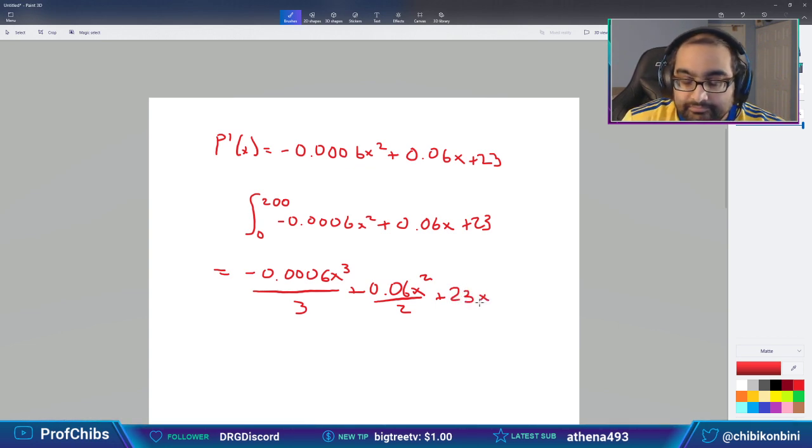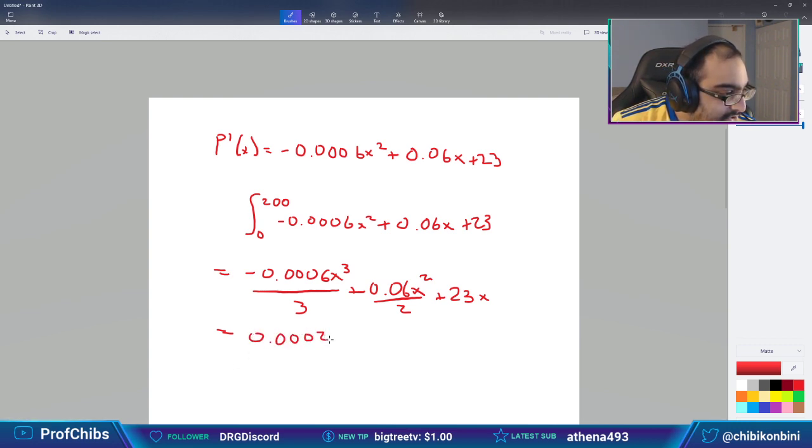All right. If we clean this up a little bit, we'll be able to make the numbers here a little bit nicer. So here we get 0.0002 x to the third, plus 0.03 x squared, plus 23x.